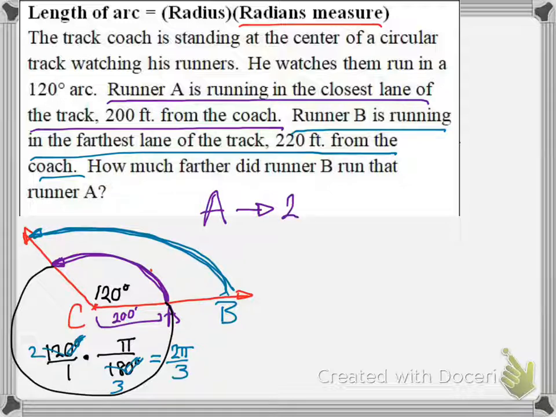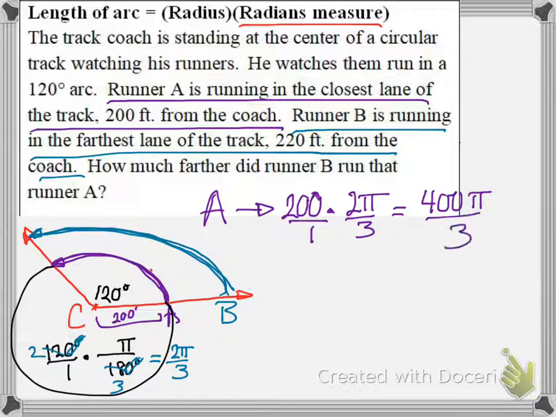So I'm going to use the radius of 200, and I'm going to multiply that by the radians measure of that angle, so times 2 pi over 3. I don't think 3 goes into 200. I don't think 3 goes into 2. So I'm just going to have to do 2 times 200 is 400 pi over 3. That's how far runner A went.